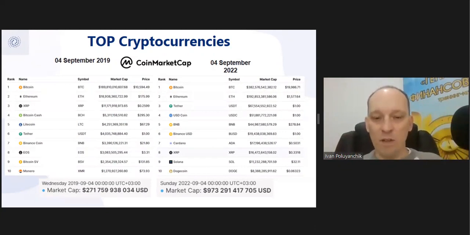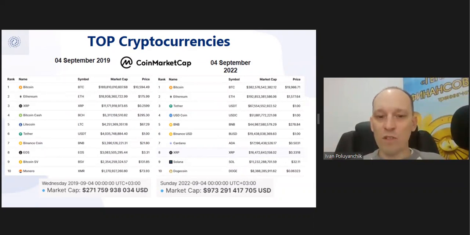And please note that in 3 years, the composition of the top 10 has changed. Today, you can see such coins as Binance Coin, XRP, well, it was in the top 10 before, Solana, Dogecoin, Cardano. And Dogecoin is kind of a meme coin, but it's renowned too, supported by Elon Musk himself.